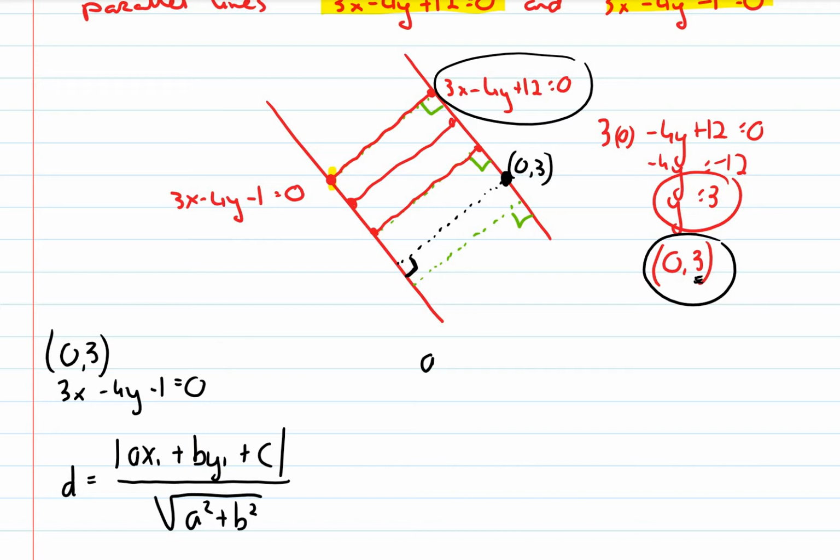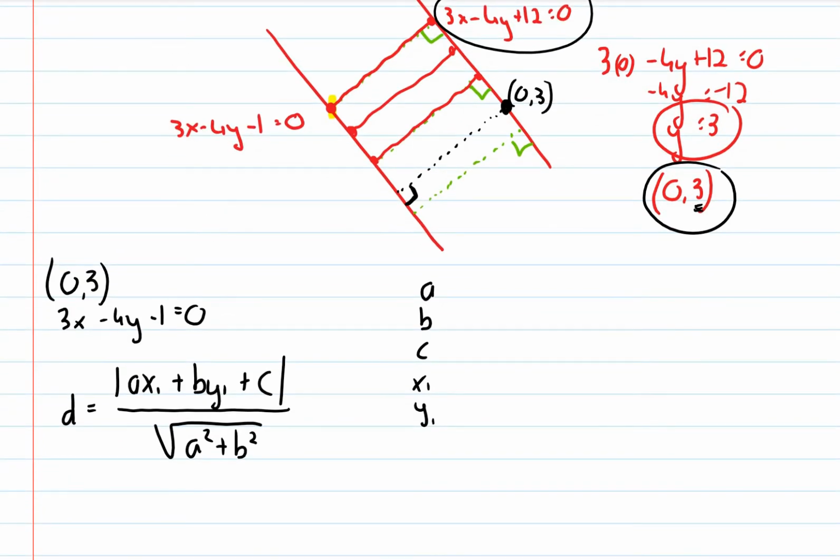What I do is I label out my a, my b, my c, my x1 and my y1. So a is 3, b is minus 4, c is minus 1, x1 is 0 and y1 is 3.